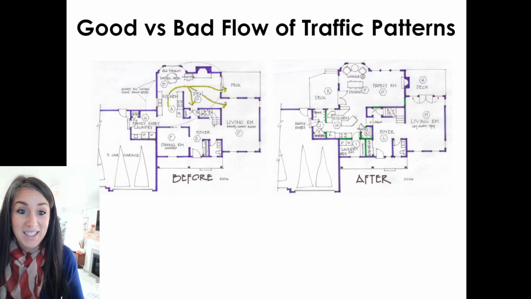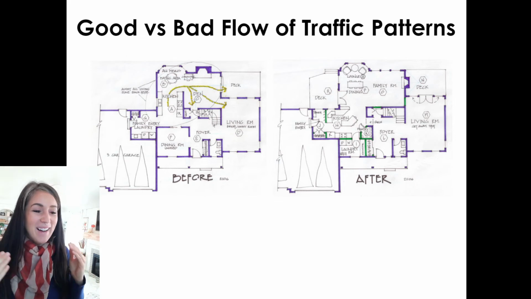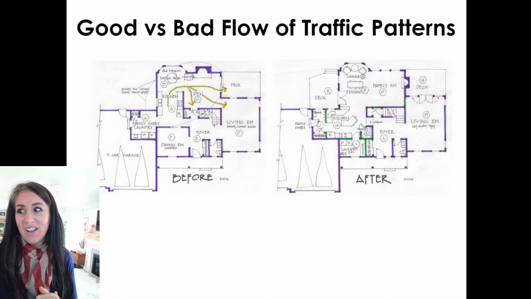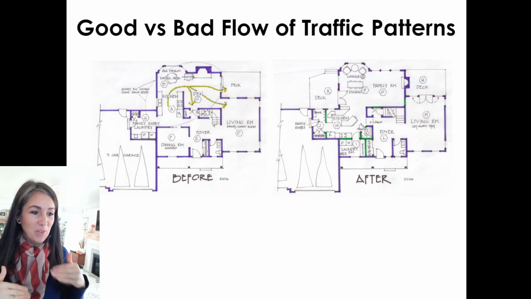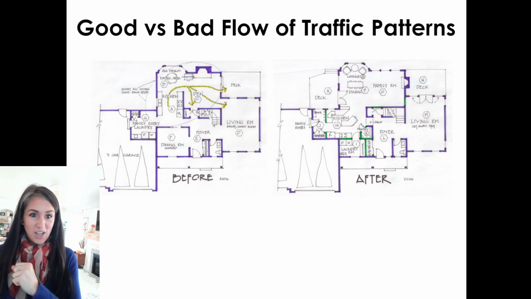Oh, actually I have a great example of this, you guys. I wish I could show you some of the stuff that we've done to our house. We've been here for a long time now, well over a decade. But when we first bought our house, it was so weird. You'd come in through the garage door, okay?